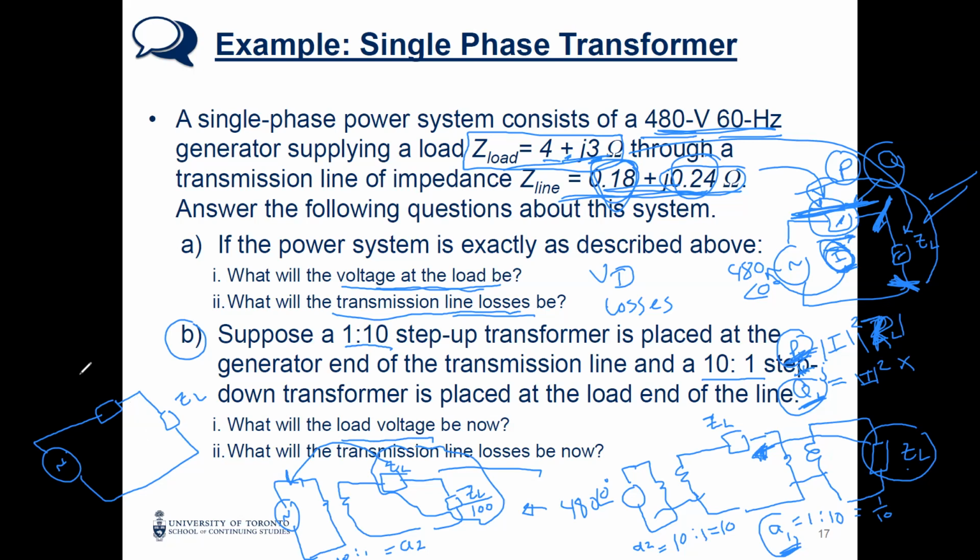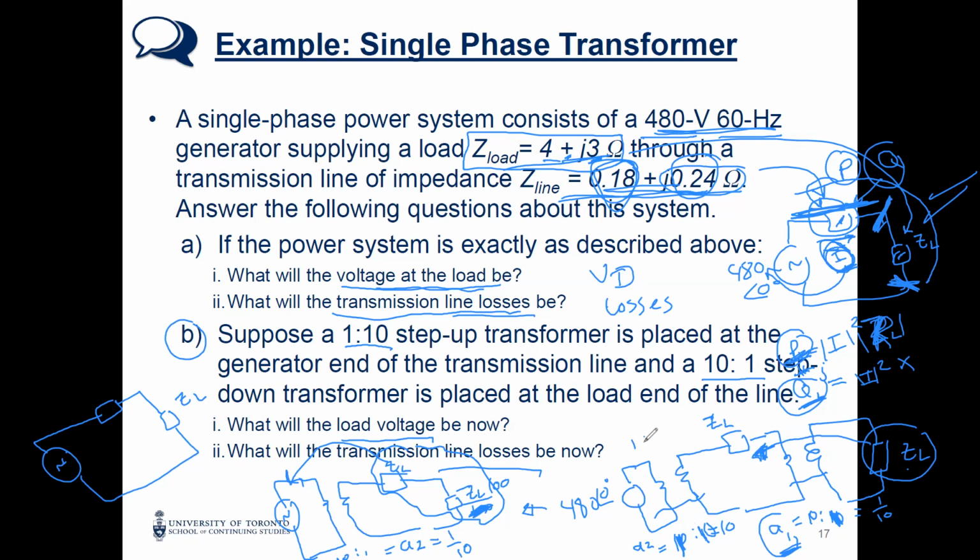And then the other one, it seems I reversed this. This is 1 to 10, and this is 10 to 1. This is step up and step down. Sorry, so this one is 100. And a2 is 1 over 10. It's not 10. I'm sorry.